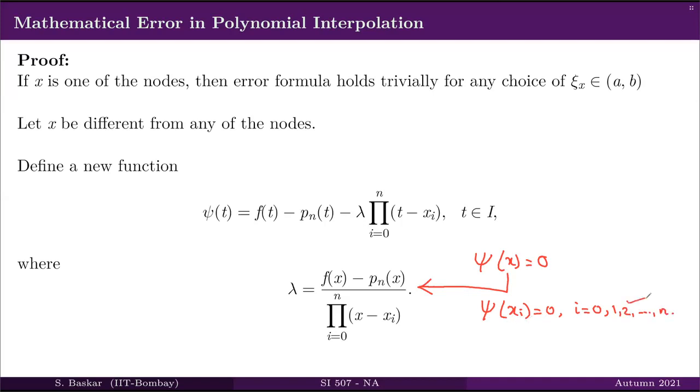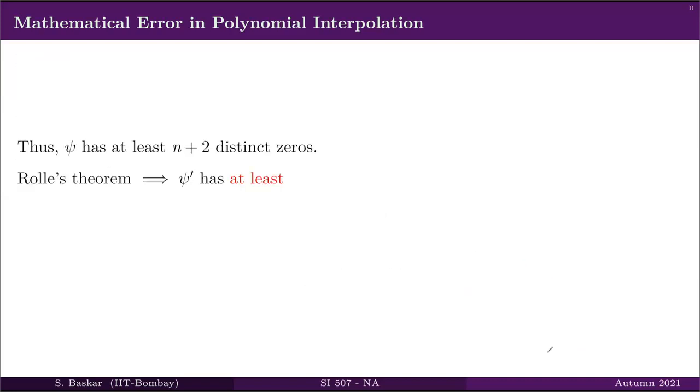You have n+1 plus this x. So there are n+2 zeros for ψ. What is the next step? Well, you go on applying Rolle's theorem. Let us first apply Rolle's theorem to ψ'. You have ψ has n+2 distinct zeros. Therefore, ψ' will have at least n+1 distinct zeros in the interval (a,b).